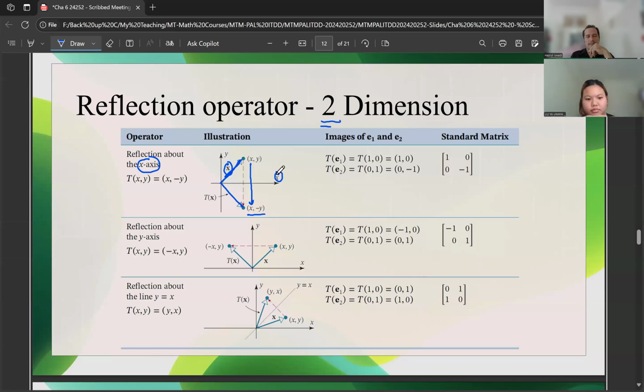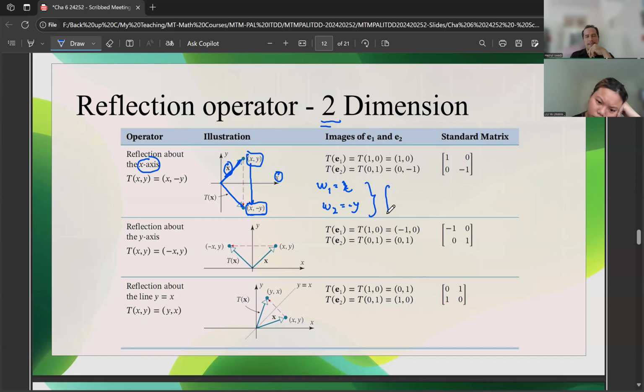We look at the coordinate xy will be x, minus y. So positive y becomes negative y. So we have that w1 will still be x, and w2 will be minus y.